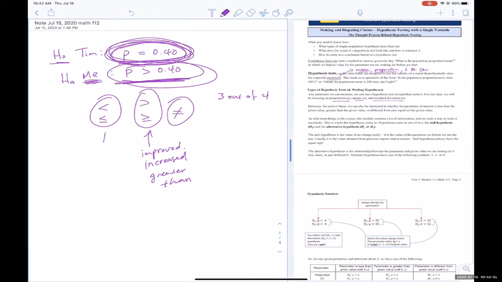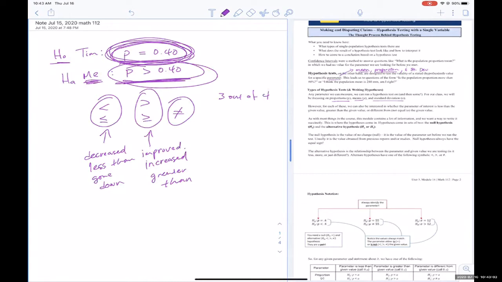For this one, decrease, right? Less than, and so forth. Gone down. These are all keywords that you will use to indicate your inequality to be less than or equal to.